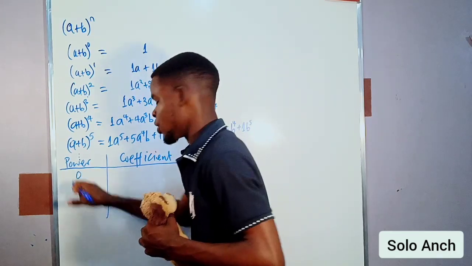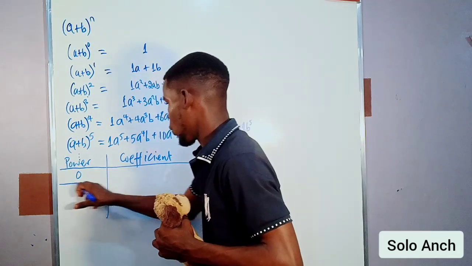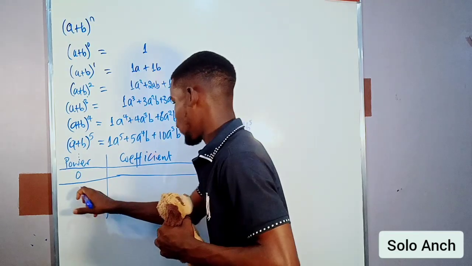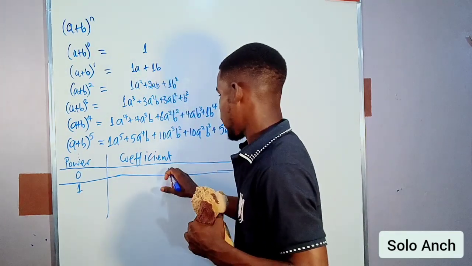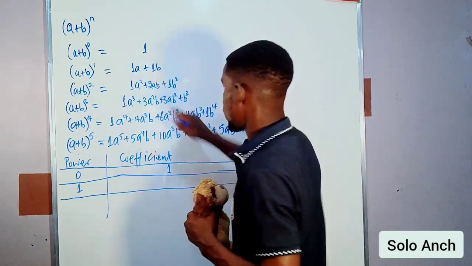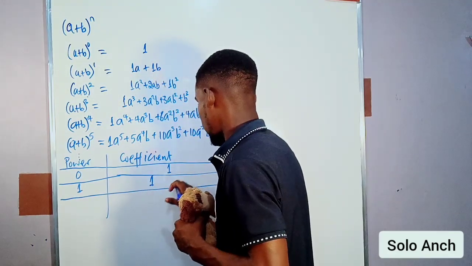We'll go for when the power is 0, when the power is 1, when the power is 2, and so on. When the power is 0, we just have 1. When the power is 1, the coefficients are 1 and 1, so we put 1 here and 1 here.